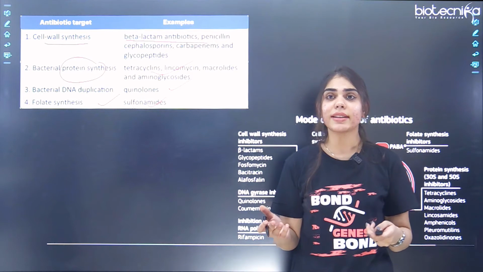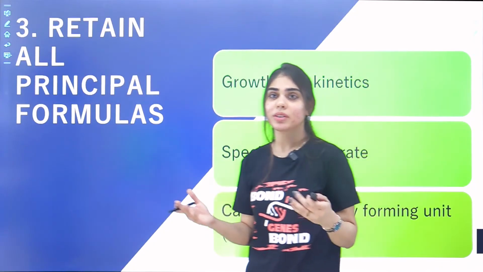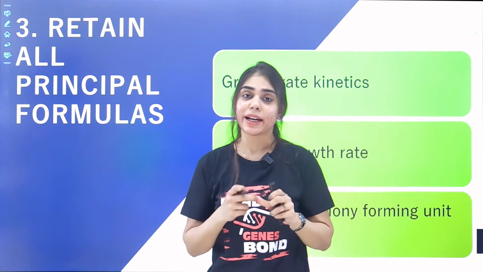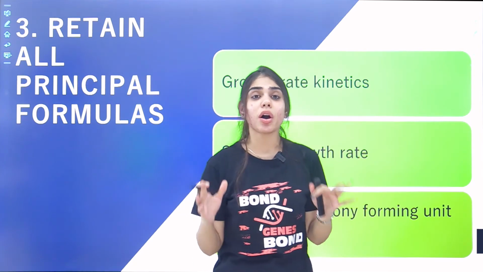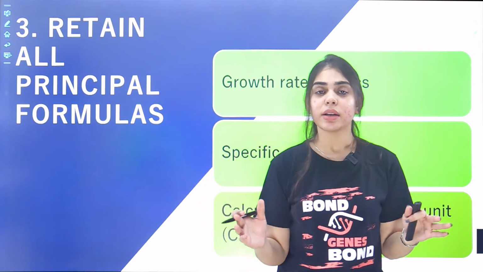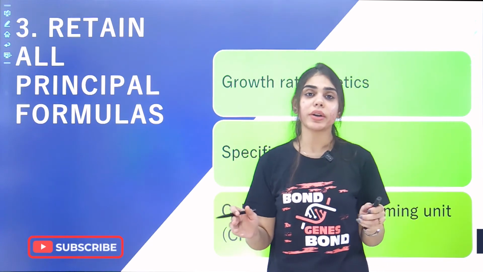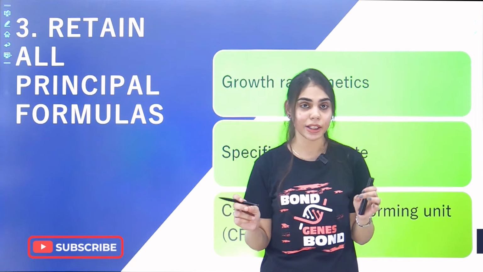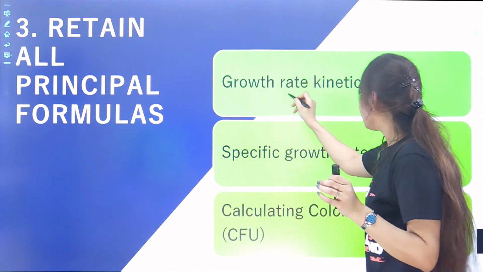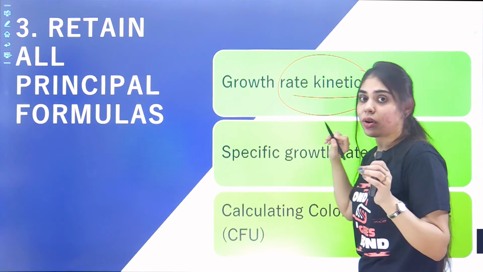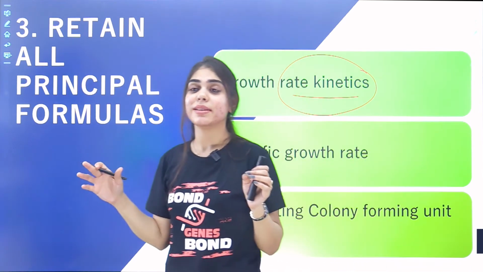Now let's see tip number 3: retain all principal formulas. All the formulas should be at your fingertips. You should always practice all these formulas so that you do not forget them a day before examinations. So the formulas you need to prepare under unit 12 start with growth rate kinetics. Here you have to learn about the growth rate kinetics for animal as well as microbial cell culture.